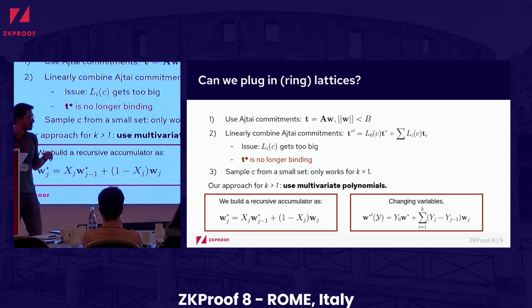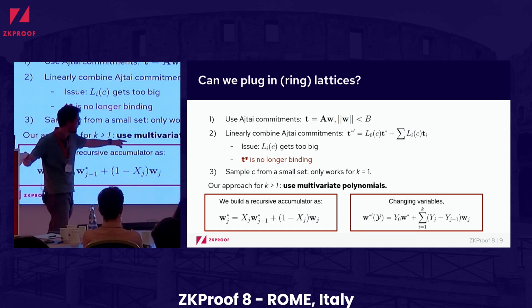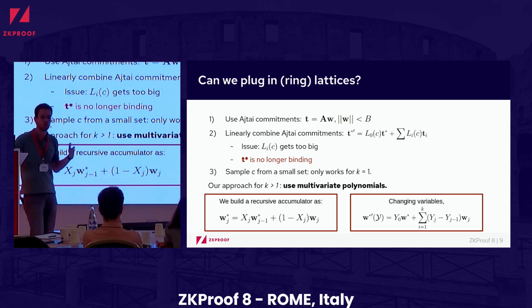So we need something a bit better, but we have a very nice change of variables that actually allows us to relate the expression corresponding to the final accumulator to the original accumulator and the original base witnesses. Here with mathcal y, I'm just representing y0 all the way to yk, so all the y variables. And this expression is going to be our new accumulator in the multivariate setting.